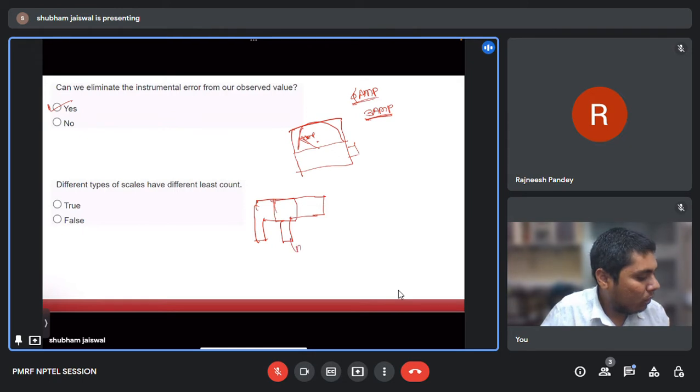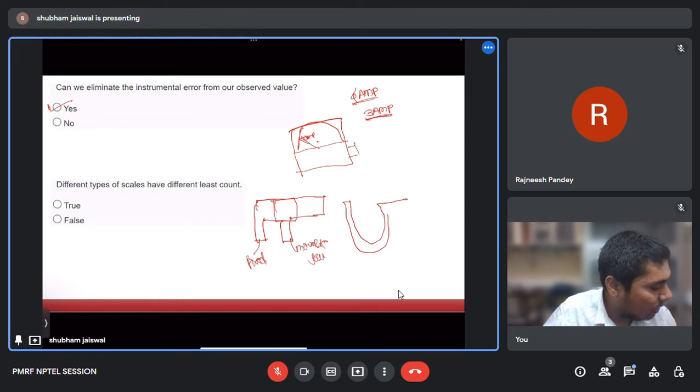This is the movable jaw, and this is the fixed jaw. And consider the screw gauge. I am not good at drawing, so please bear with me. And we also consider our normal scale.